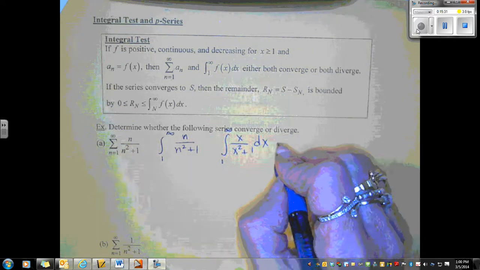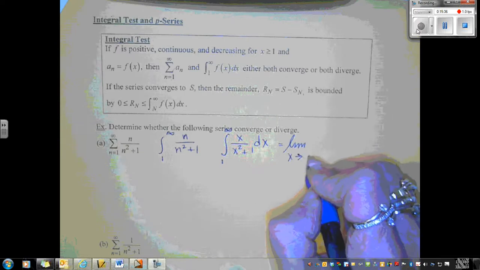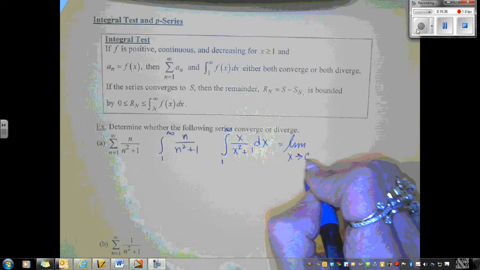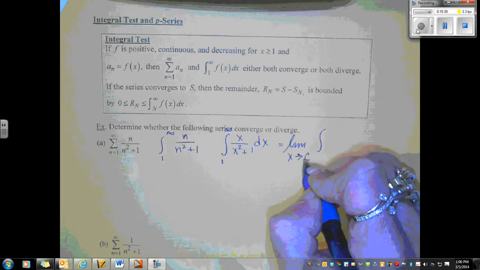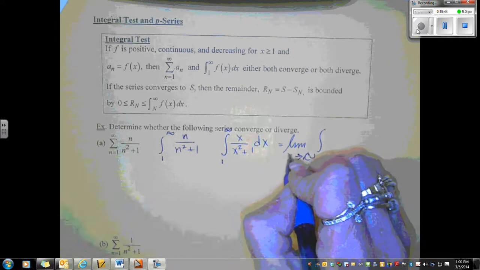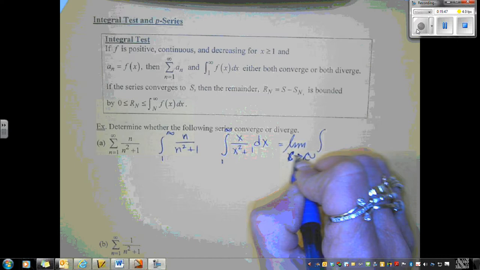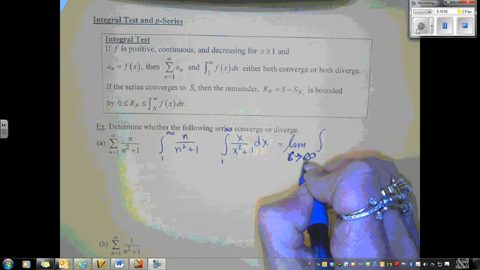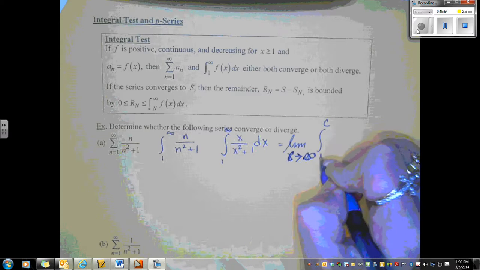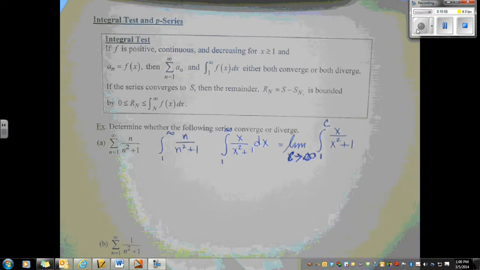So don't we have to do the limit as c goes to infinity of the integral from 1 to c of x over x squared plus 1 dx?